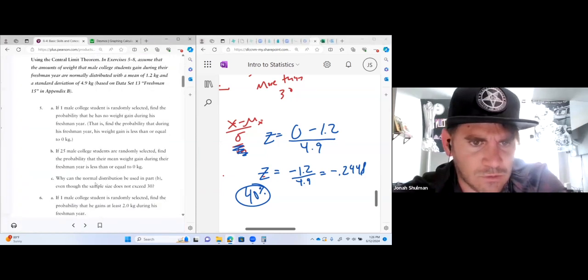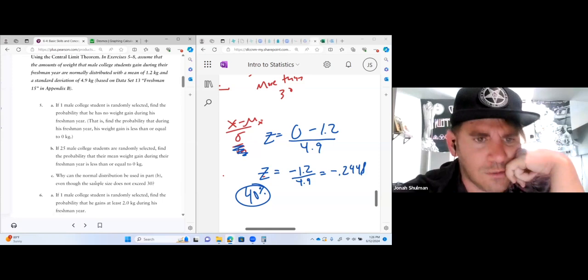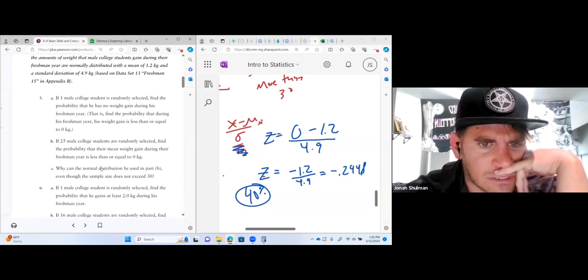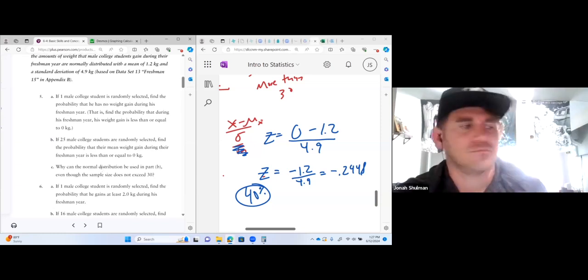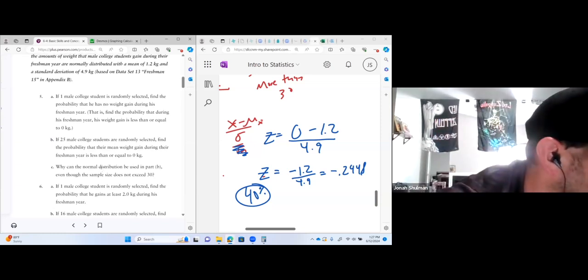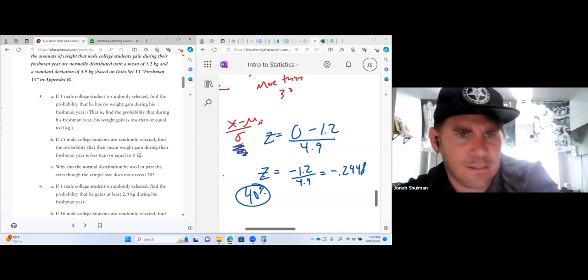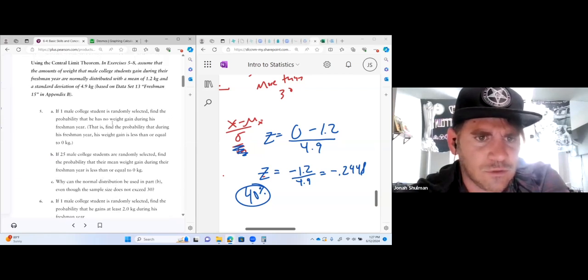So B says 25 college students are randomly selected. Find the probability that their mean weight gain during the freshman year is less than or equal to 0 kilograms. Why can it be used? It says it's already normally distributed.